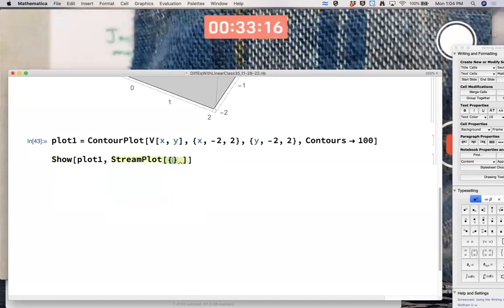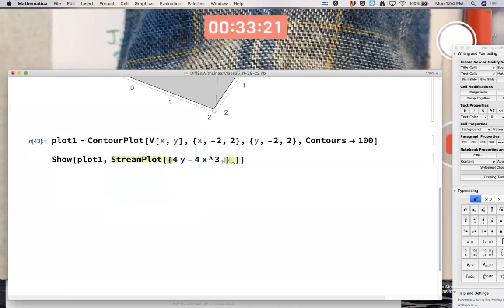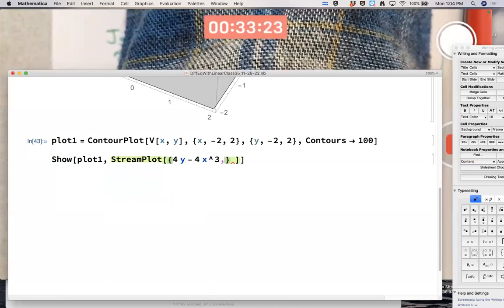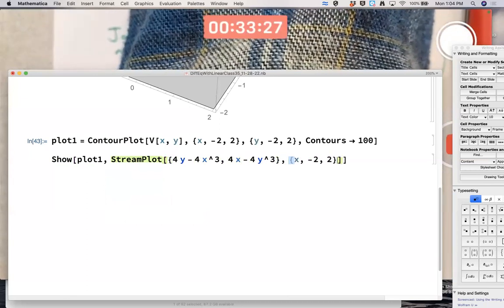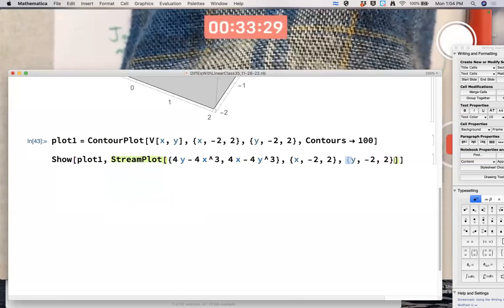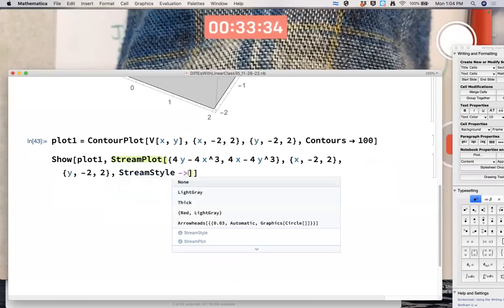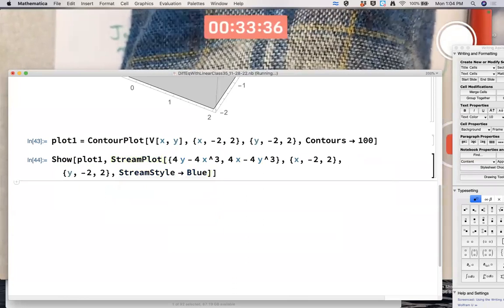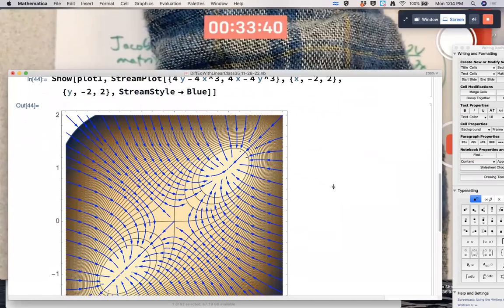What's the vector field? Little f is, again, 4y minus 4x cubed. Little g is 4x minus 4y cubed. Isn't that pretty?